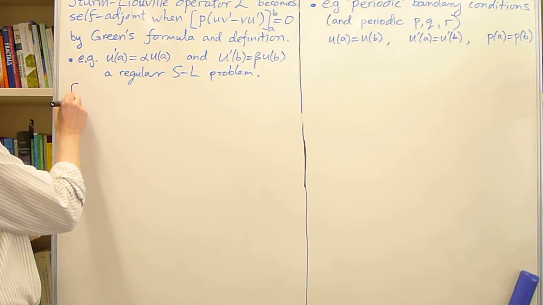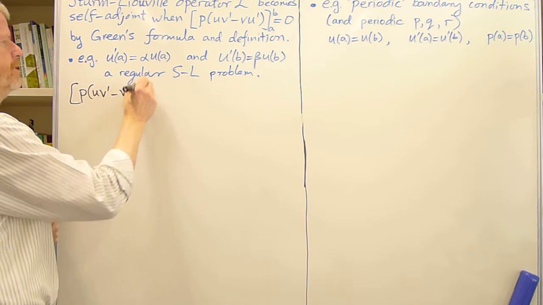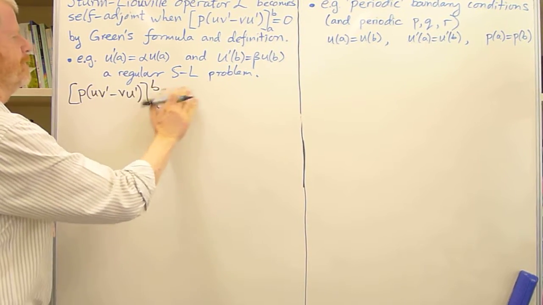So let's do that. So P (u v dashed minus v u dashed) from A to B is equal to 0. Well, let's prove it's 0.